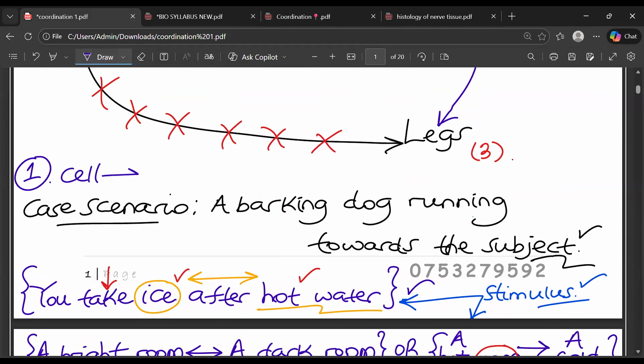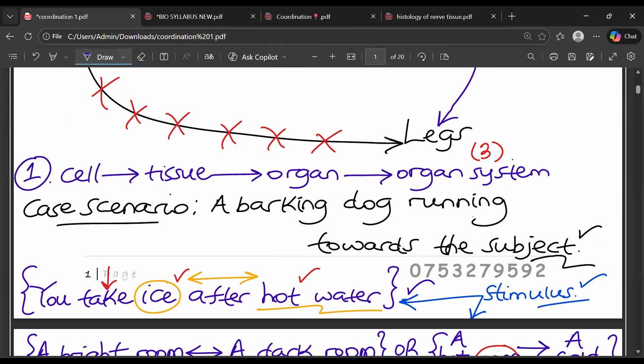From the cell giving us tissues, the tissue giving us what they call the organ, the organ giving us the organ system, and then lastly getting the organism. But for me, I'm interested in those four: cell to tissue to organ to system.